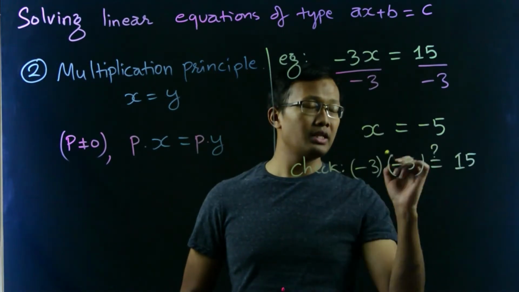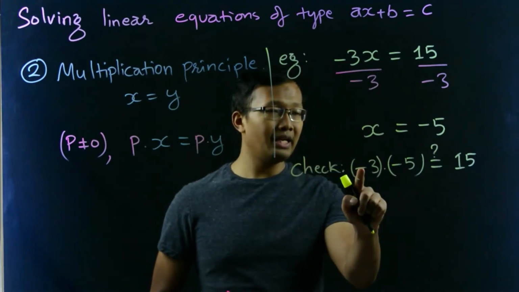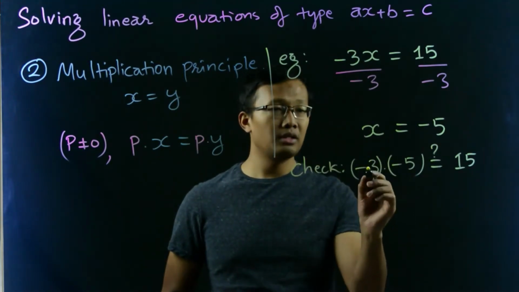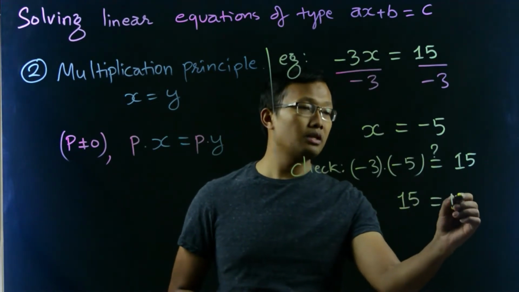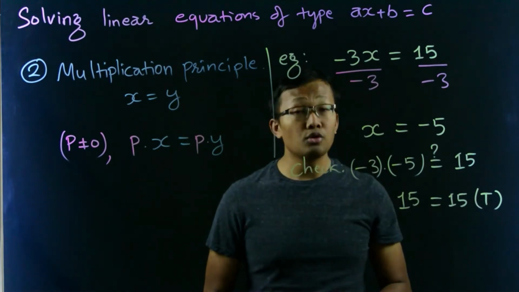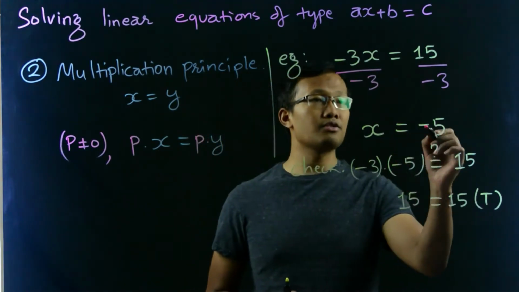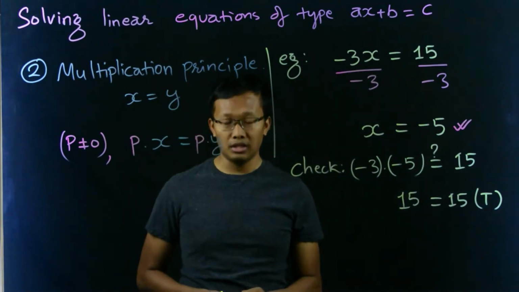We don't know yet whether this is true, but negative times negative is positive. 3 times 5 is 15, equals 15, which is a true statement. So we can say that x = -5 is the correct solution for the given equation.